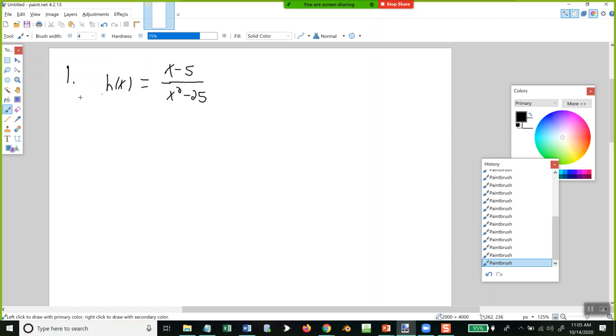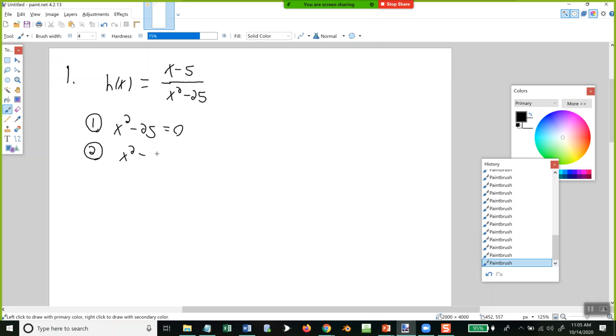Okay, so step 1, we're going to set our denominator equal to 0. Then we want to solve it. And this one, you can solve it one or two ways. I'm going to solve it using square root property.